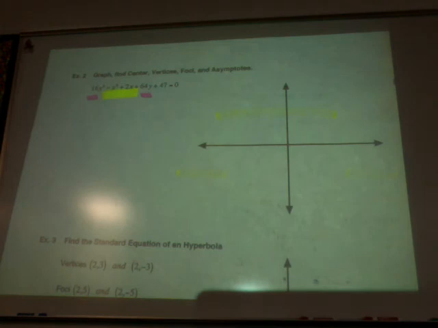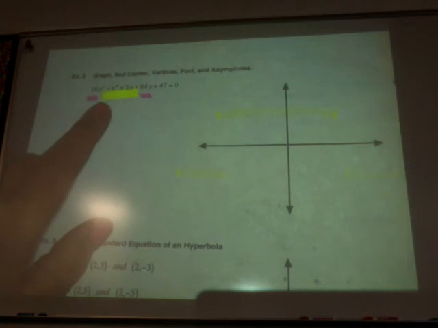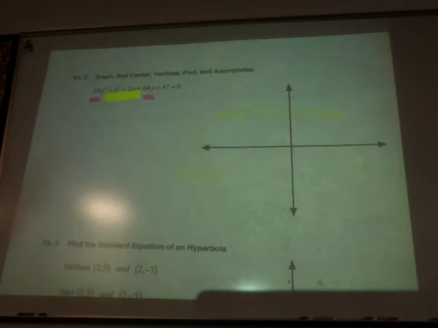Oh, and let me just give you a hint. How do you know whether x comes before y? Isn't your x squared negative here? So you want it to come second. Whichever one is negative, that's the one that comes second.